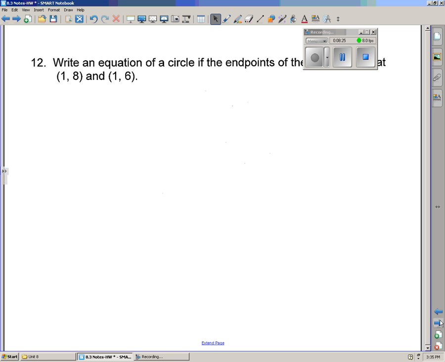Last one. On this one, you want to write the equation of the circle if the endpoints of the diameter are 1, 8 and 1, negative 6. Well, if they give you the diameter, the center point would be the midpoint of those two endpoints. So you need to find the midpoint, which is the center. So find the center using the midpoint.